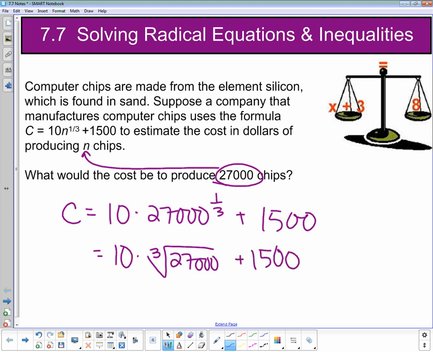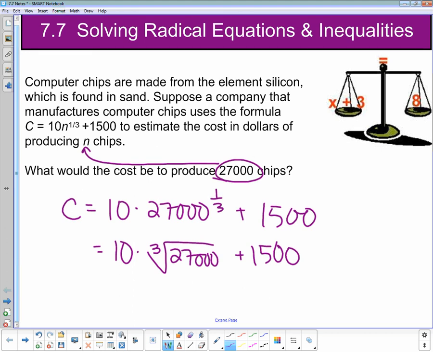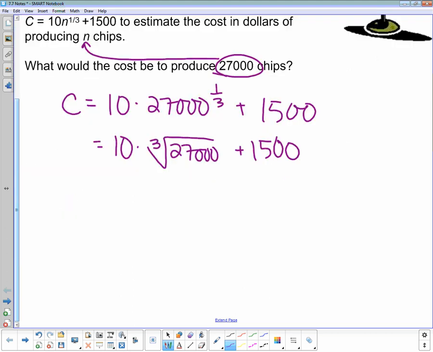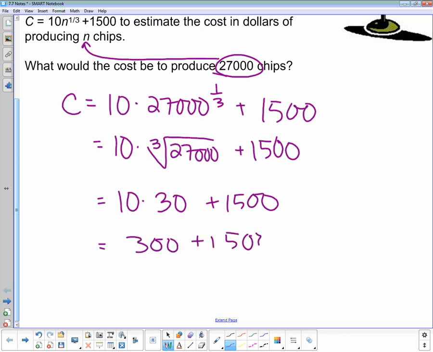Remember from 7.6 we looked at how we changed those rational exponents into radicals. So I'm looking at the cube root of 27,000. When you plug that into your calculator, 10 times the cube root of 27,000, which is 30, plus 1500, then 10 times 30 is 300, and I end up getting a total of $1,800 here.